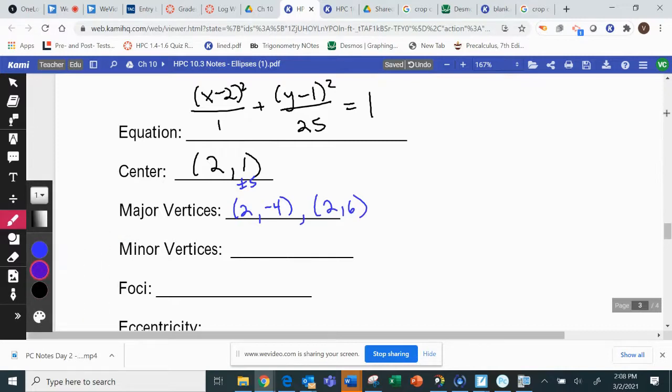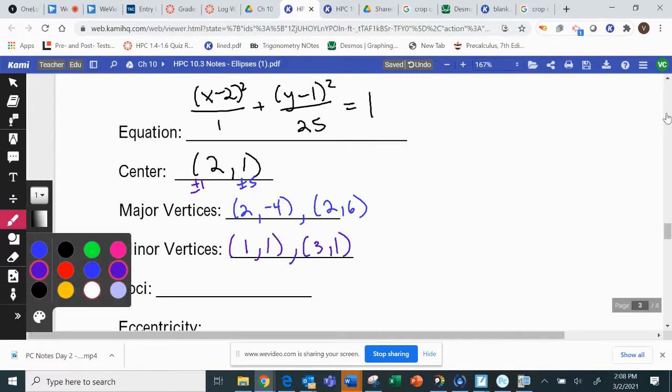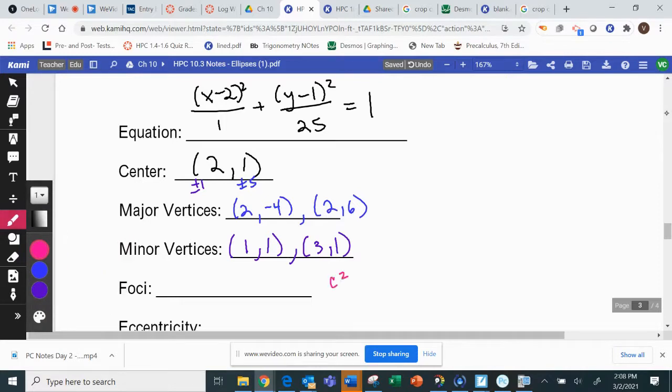Minor vertices, I'm going to add or subtract 1 to the x's. The foci, I have to do 25 minus 1. Square root of 24 is 2 radical 6. And that gets added to the same thing that the major vertices were added.